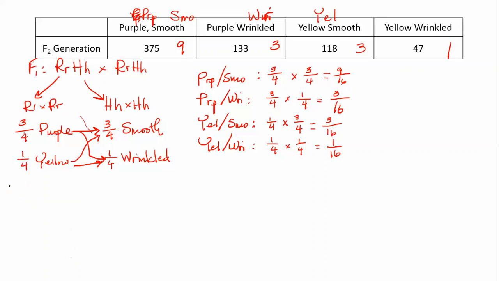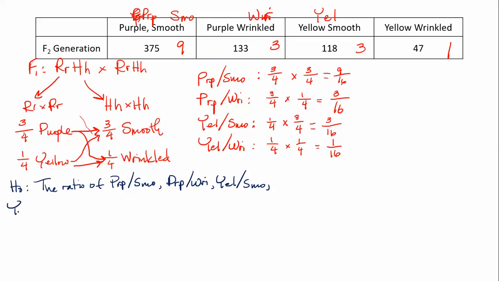So our null hypothesis, let's say the ratio of purple smooth, purple wrinkled, yellow smooth, and yellow wrinkled, that ratio will be 9:3:3:1.